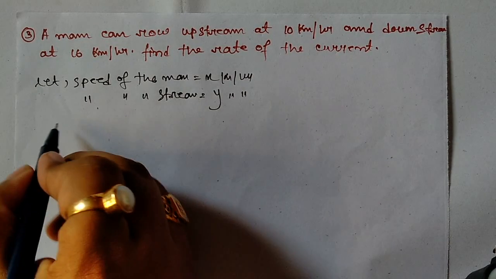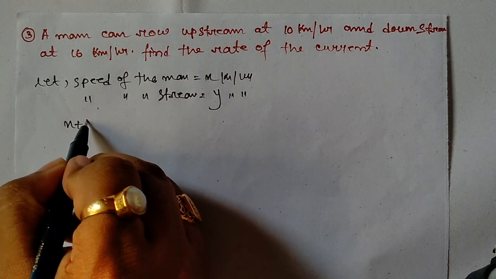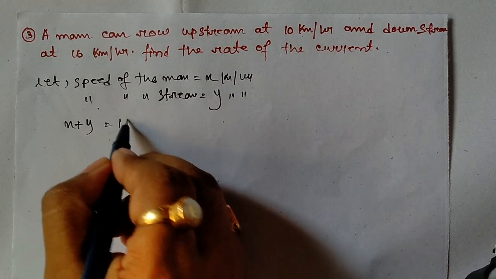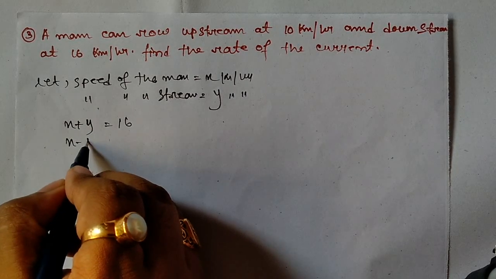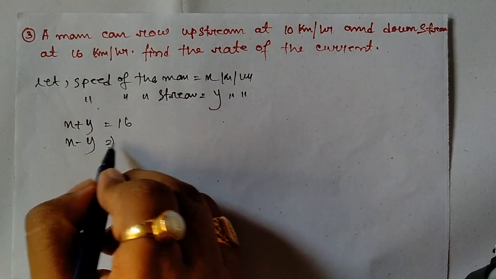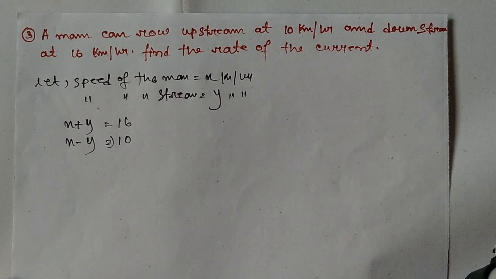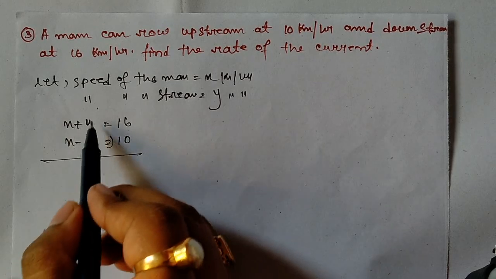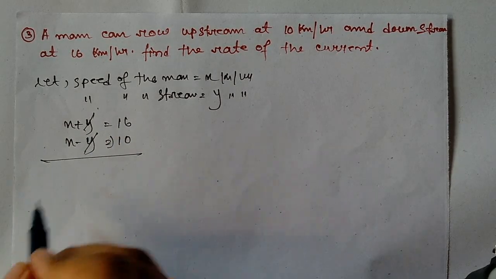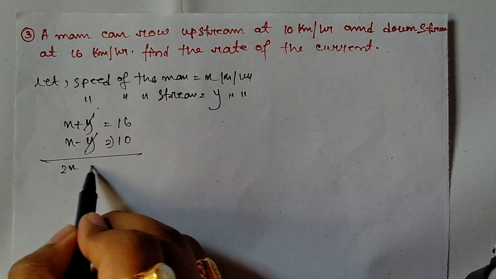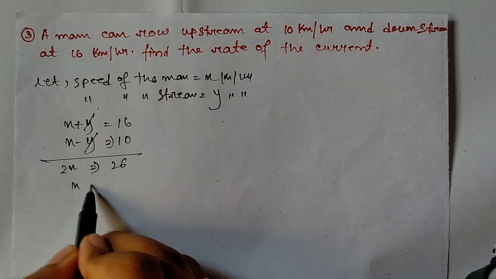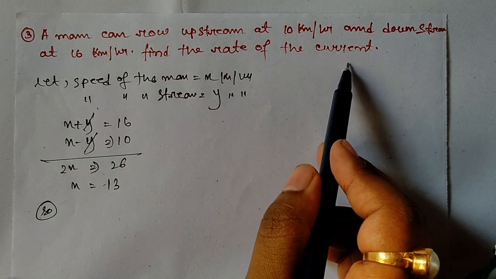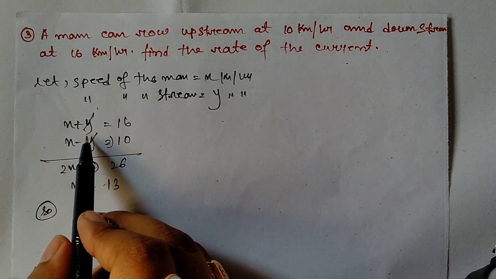Then x plus y, that is the downstream speed, gives us 16, and x minus y, that is the upstream speed, gives us 10. Now they are simultaneous equations. Let's solve them. The y and minus y cancel out, and 2x gives us 26, so x gives us 13. We have to find the rate of the current, so we have to find the value of y.